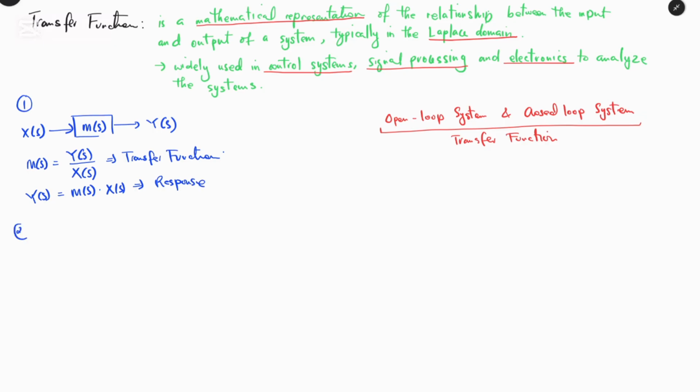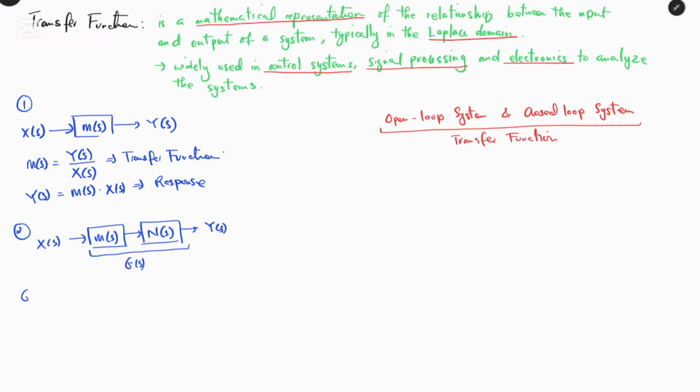And in example 2, we can say X(s) goes to M(s), to N(s), and we have Y(s). So we can group these two into G(s).